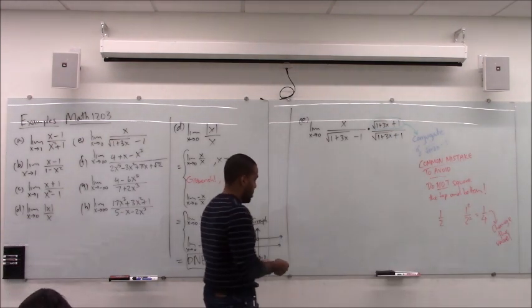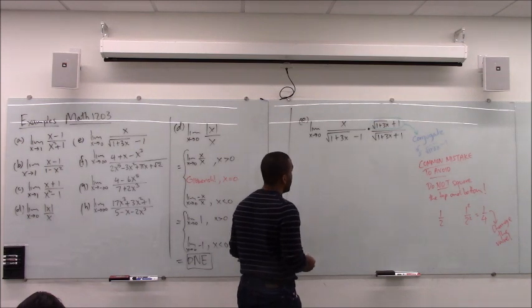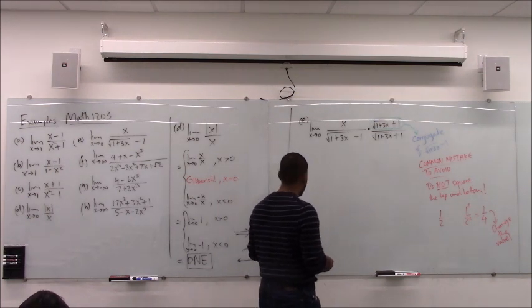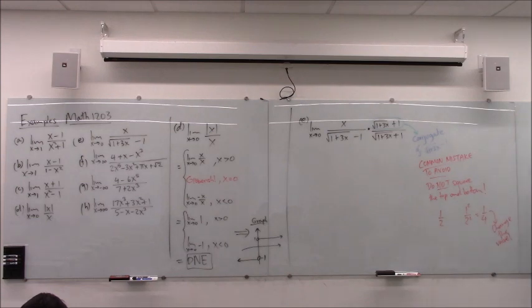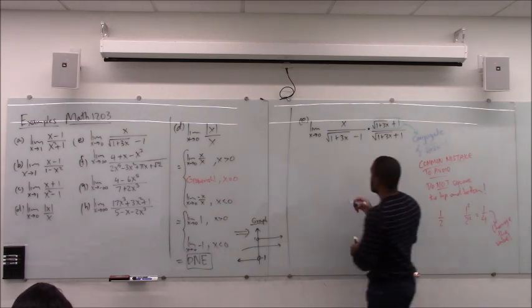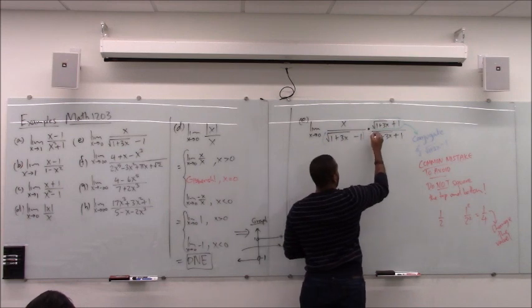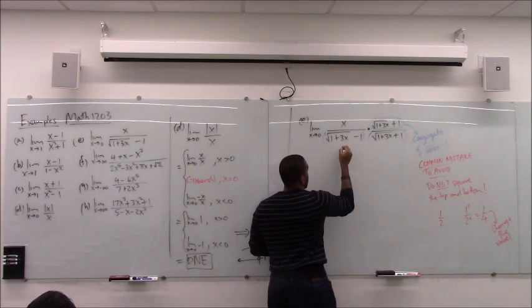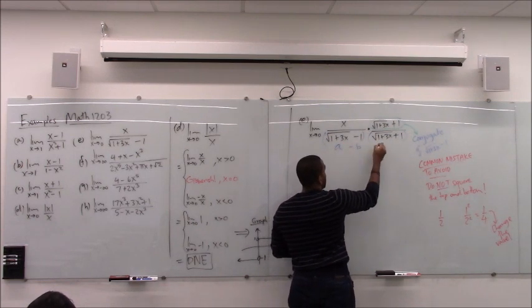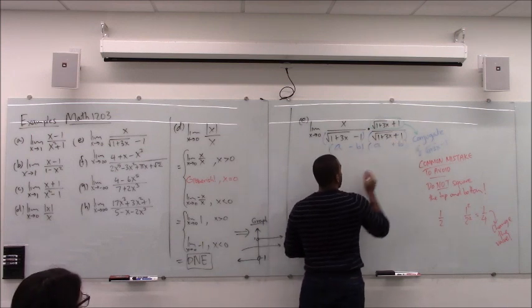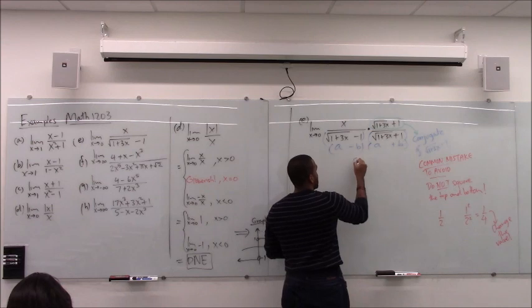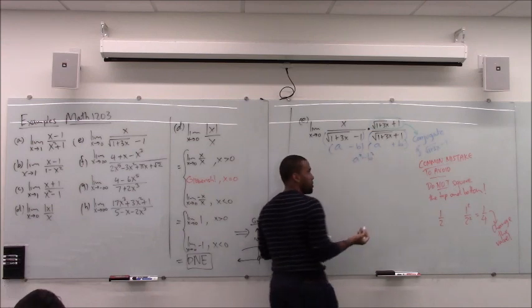Here's why this actually works out. If you look at the denominator, it's like a minus b times a plus b, which becomes a squared minus b squared, because that's the difference of squares formula.